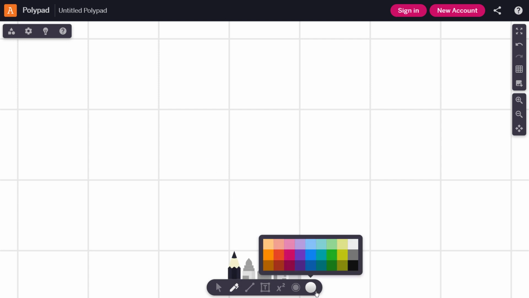Now we're going to do another problem, but where the digits behind the decimal point are not lined up.